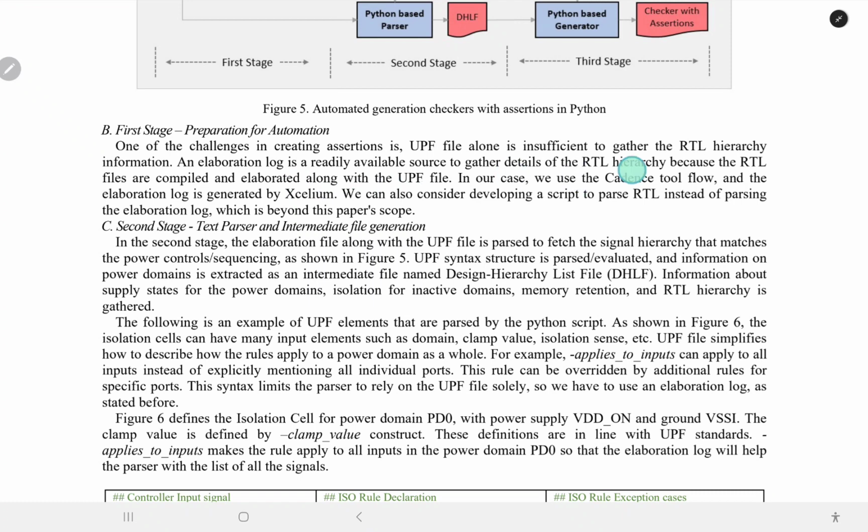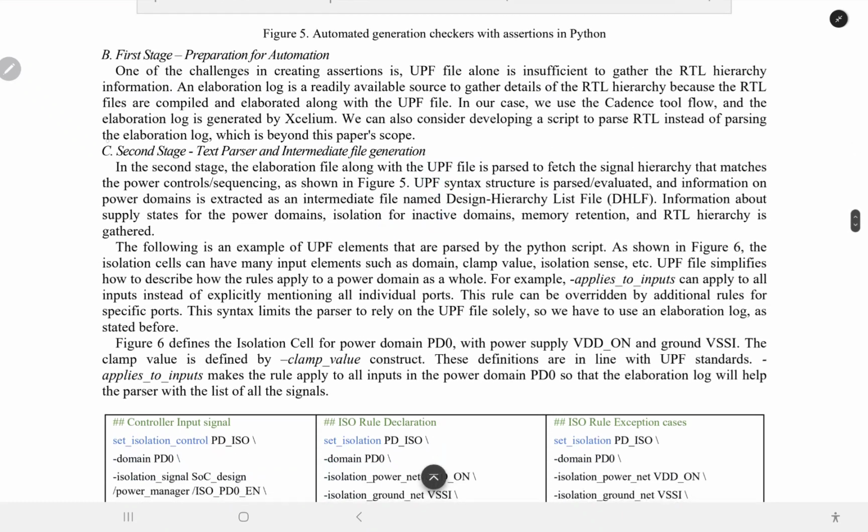In our case, we use the Cadence tool flow, and the elaboration log is generated by Xcelium. We can also consider developing a script to parse the RTL instead of parsing the elaboration log, which is beyond the paper's scope.